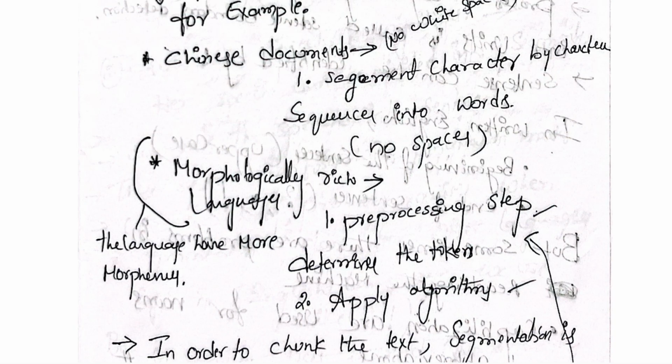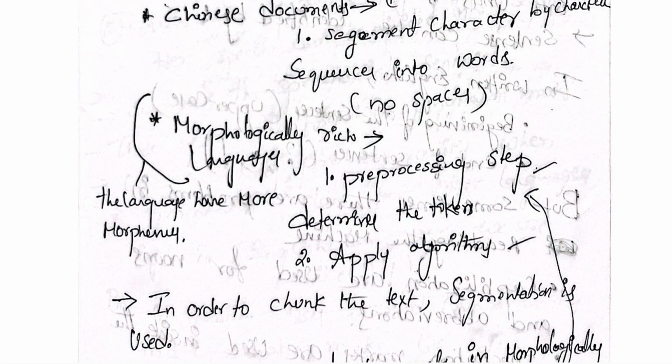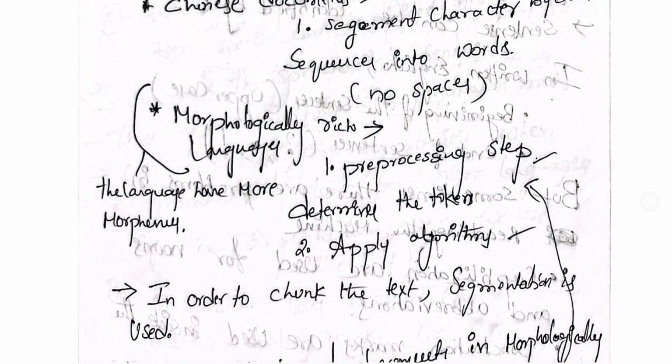In these, whatever sentence or paragraph you frame, and whatever word you use, everything has a meaning and can be structured perfectly. Morphologically rich languages have more alphabets, and the words have more morphemes.